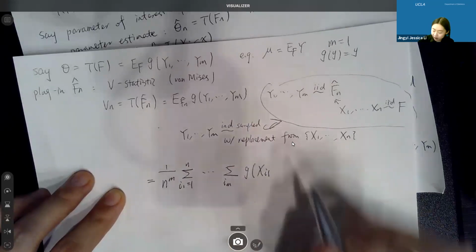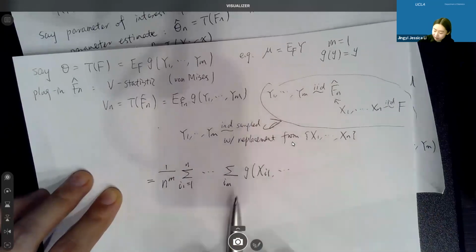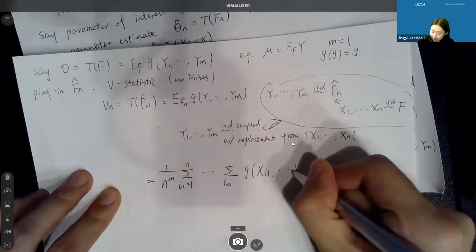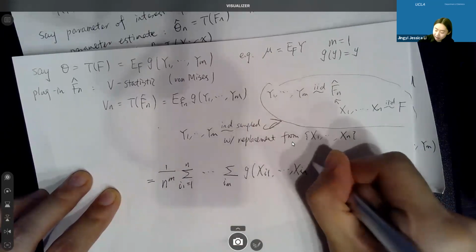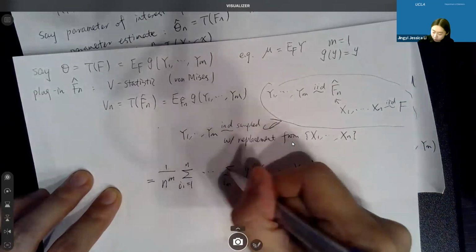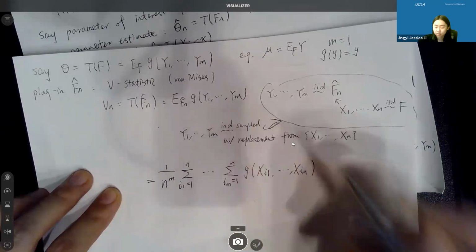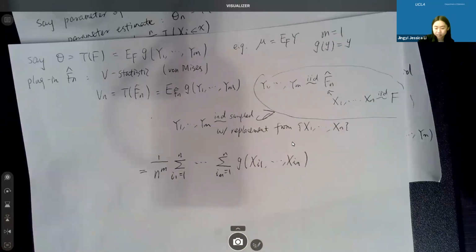And for ym, I would pick x_im as my ym, and im can go from 1 to n. So I'm just writing out all the possibilities that my y1 to ym can take from this empirical CDF. Does that make sense? This is what we call the V statistic, which is the direct plug-in version of the expectation functional.